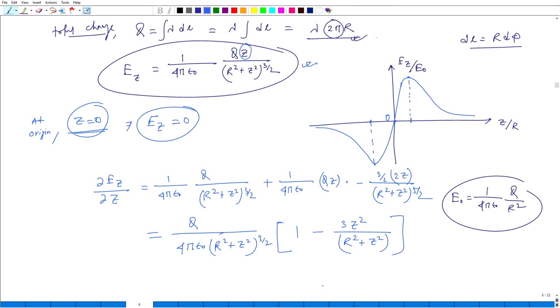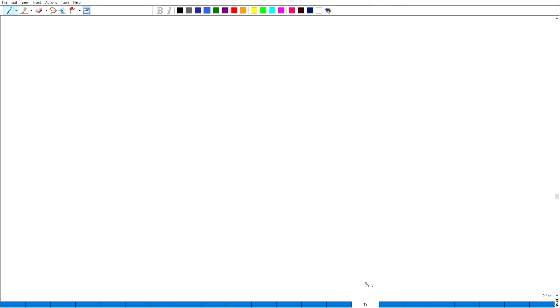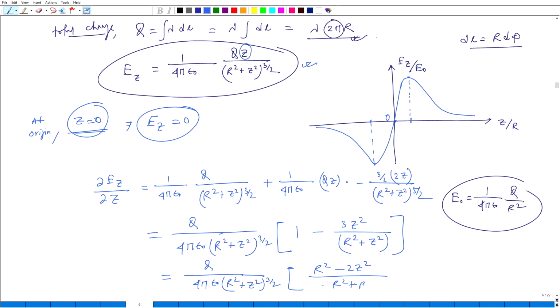So this becomes q over 4 pi epsilon naught (r square plus z square) to the power 3 by 2, times (r square minus 2z square).